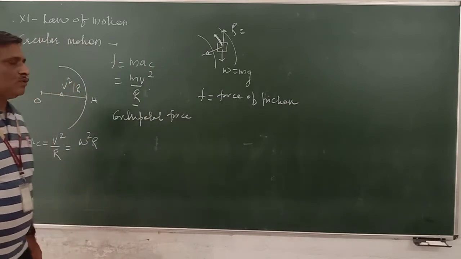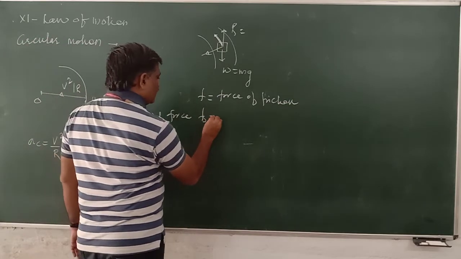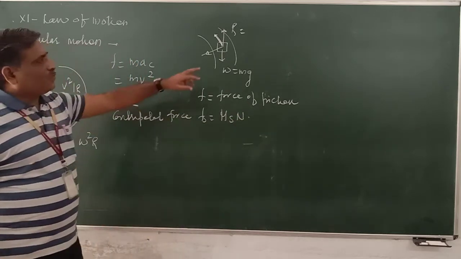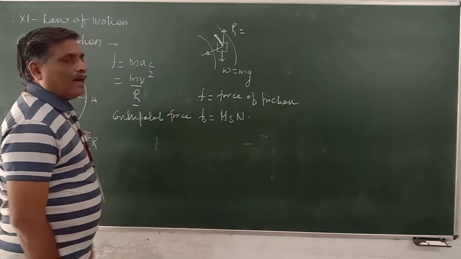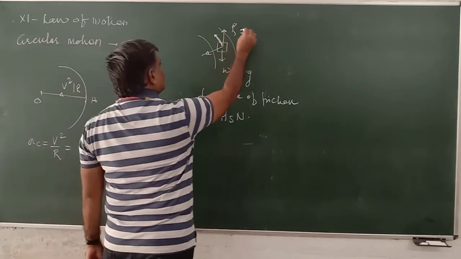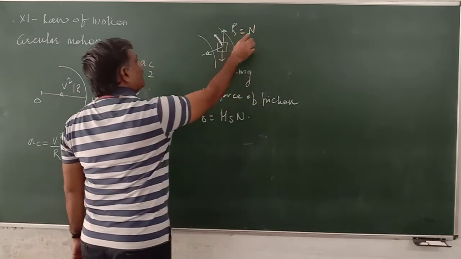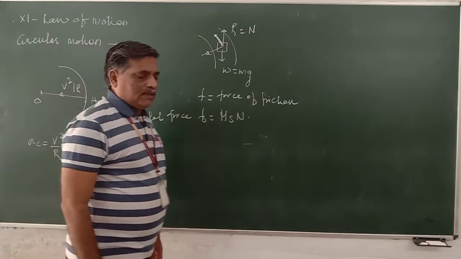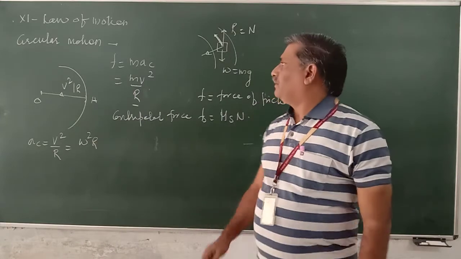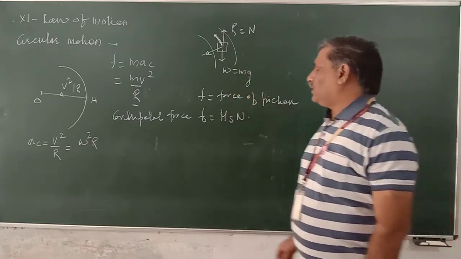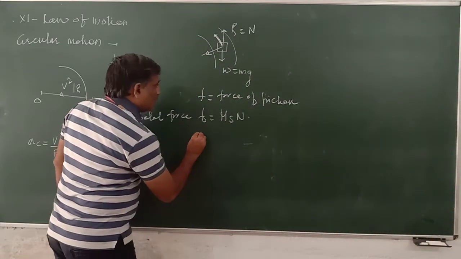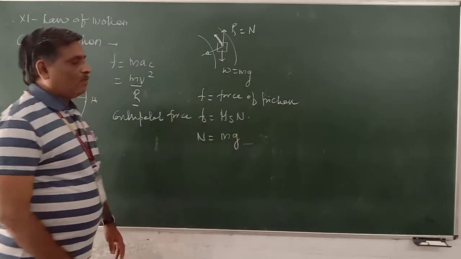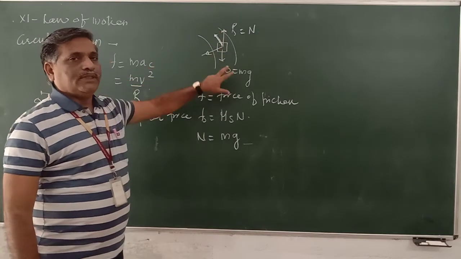Now we know the force of friction, Fs, is equal to mu s N. Of W and R in the vertical direction, the reaction is also called N. In the notation, sometimes R is written as N. In the book, you will see the notation for reaction force is N. Vertically, there is no acceleration, therefore we can write N is equal to mg. Vertically, these two are equal and opposite.